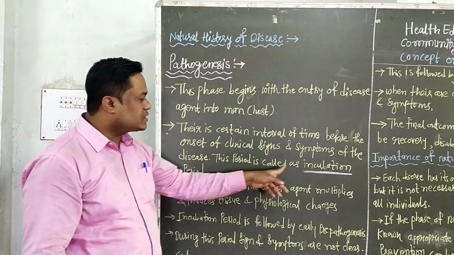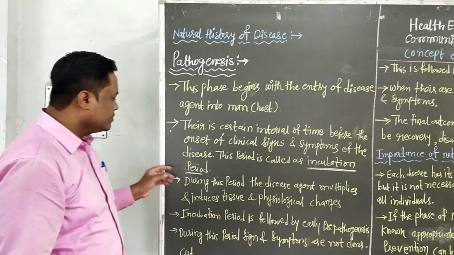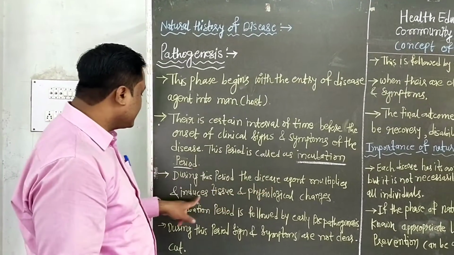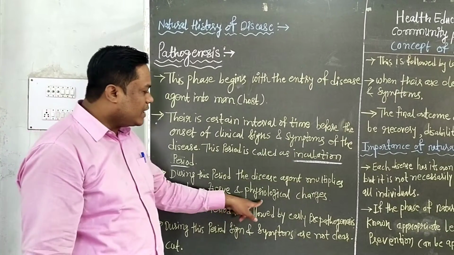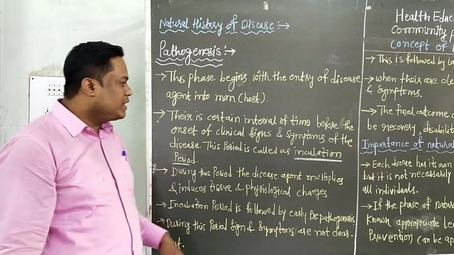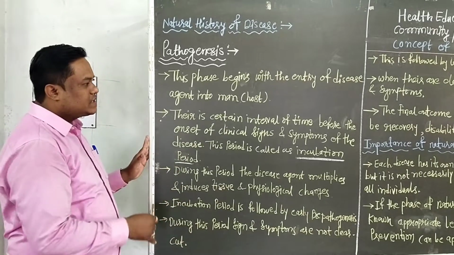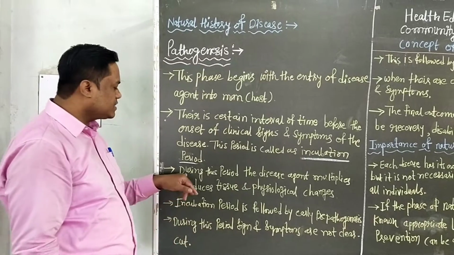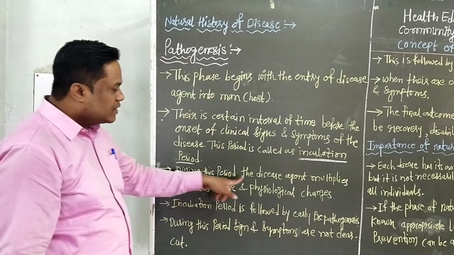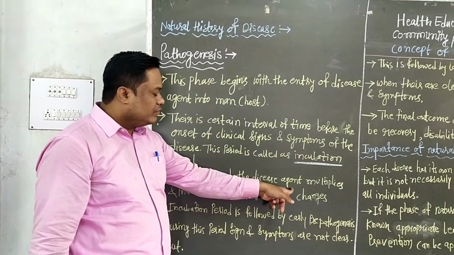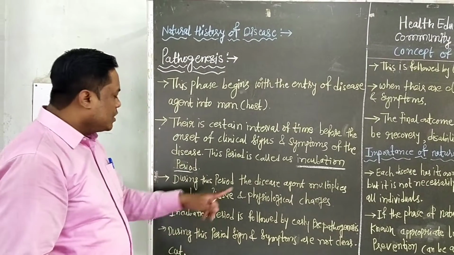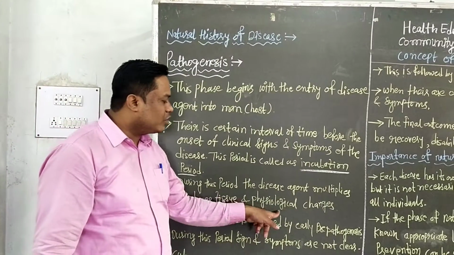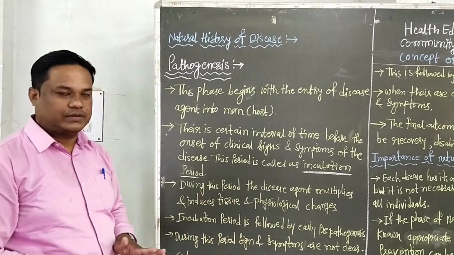During this period the disease agent multiplies and induces tissue and physiological changes. Means during this incubation period, the disease agent which has entered the human being multiplies and increases the tissue or physiological changes in the human body.